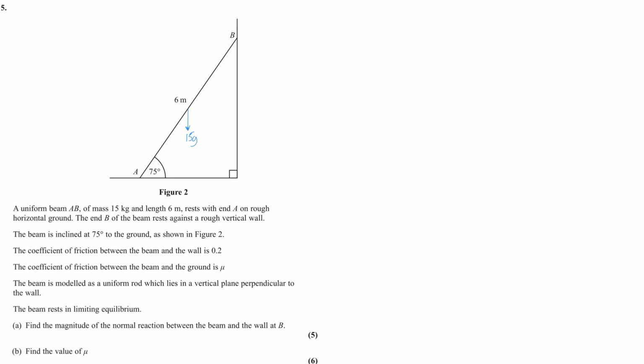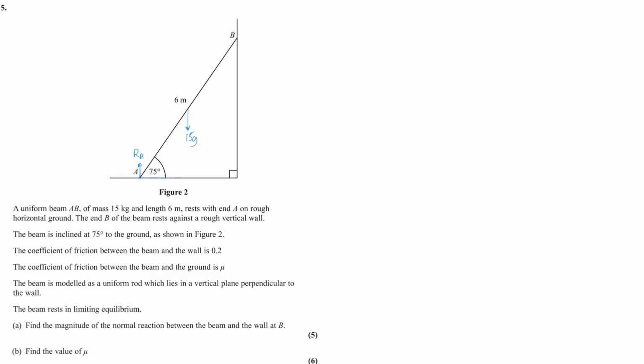Coefficient of friction between the beam and wall is 0.2, and that one's mu. Right, is that limiting equilibrium? So that's my normal reaction at A. And if this falls, this will fall down and this will fall to the left.